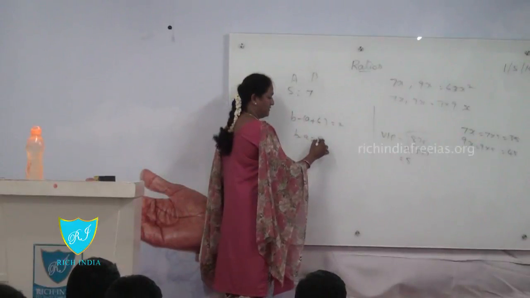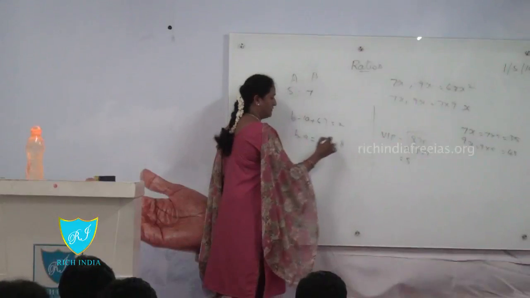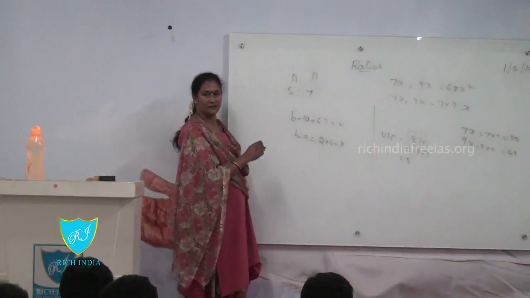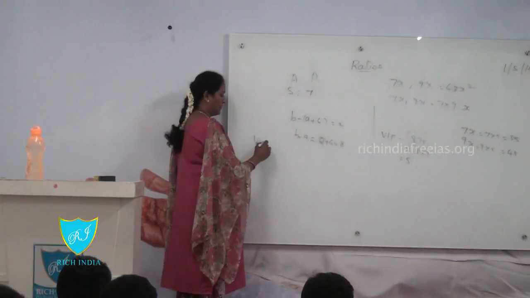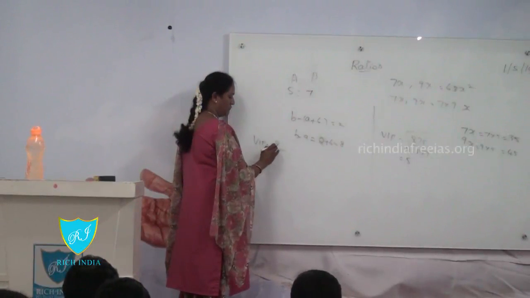So the difference is 2 plus 6, 8. So to find the value of 1 part, the difference is 8 and the difference in ratio is 2.